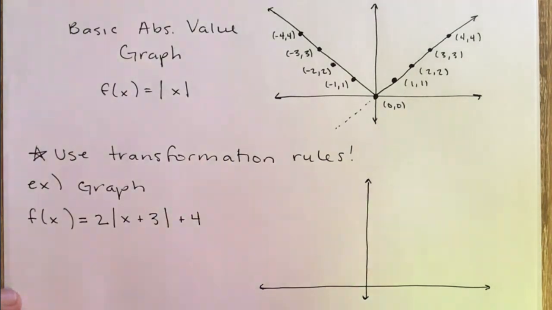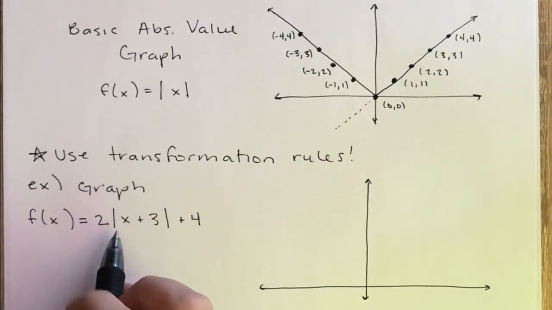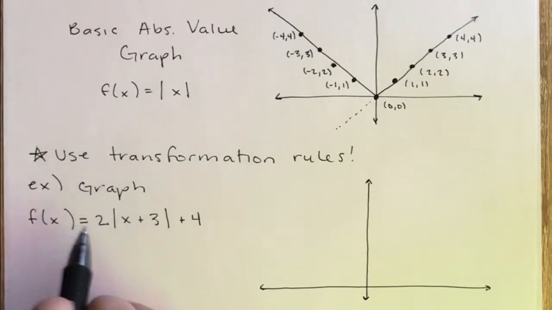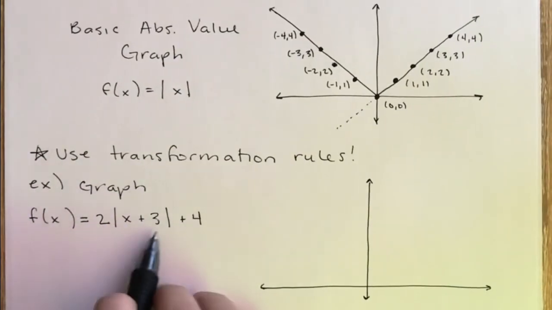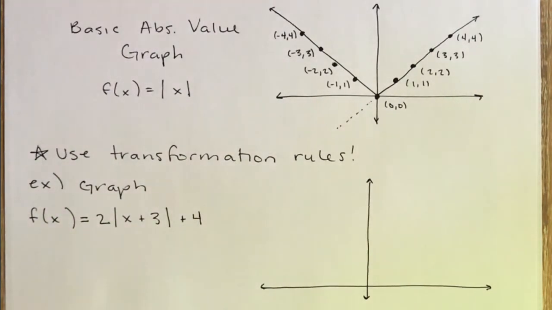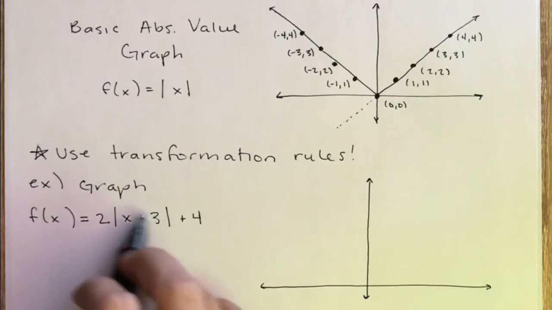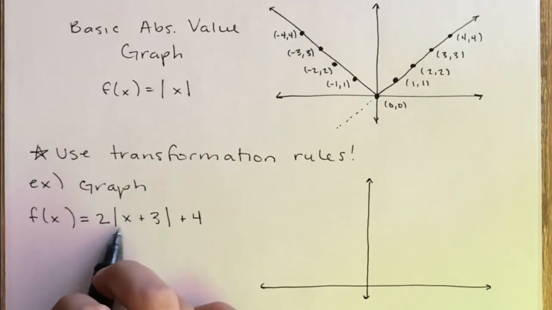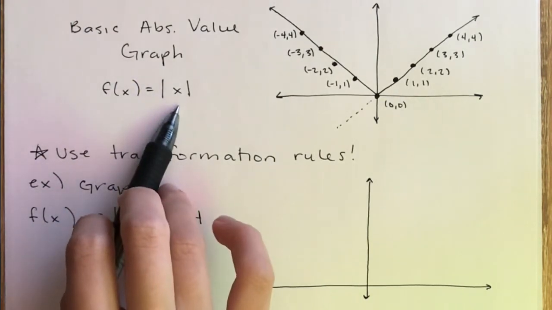Okay, so let's look at this. What kind of transformations do we need to do? Well, we've got this 2, we've got plus 3, and we've got plus 4. Which one comes first? How do we figure out what comes first? Well, we do parentheses first, so we can look inside of the function. Our original function was absolute value of x.